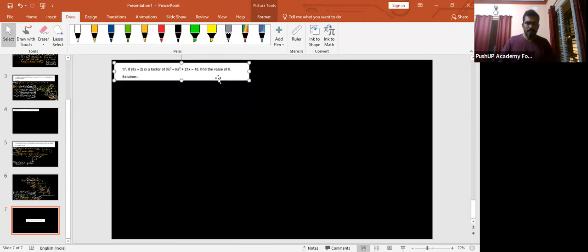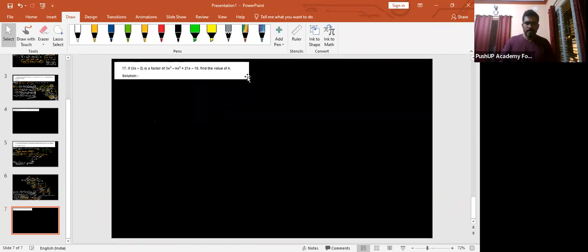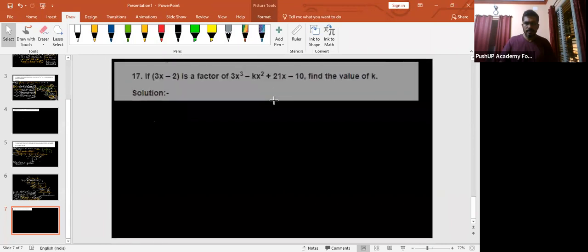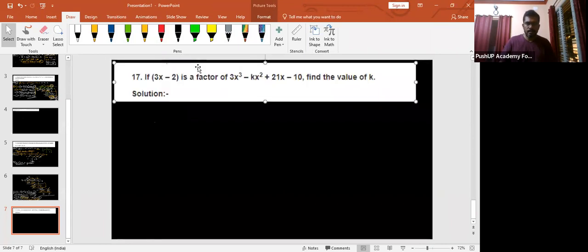You were sending me all the answers in chat. Start doing the next one. Okay, Amal, Gopika also. 3x minus 2 is a factor of this polynomial. Find the value of k. A very basic question. This may come for 1 mark, MCQ question.